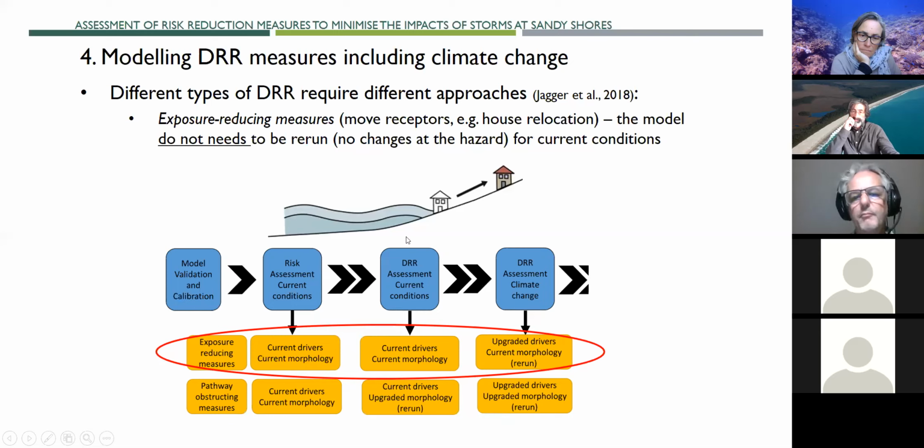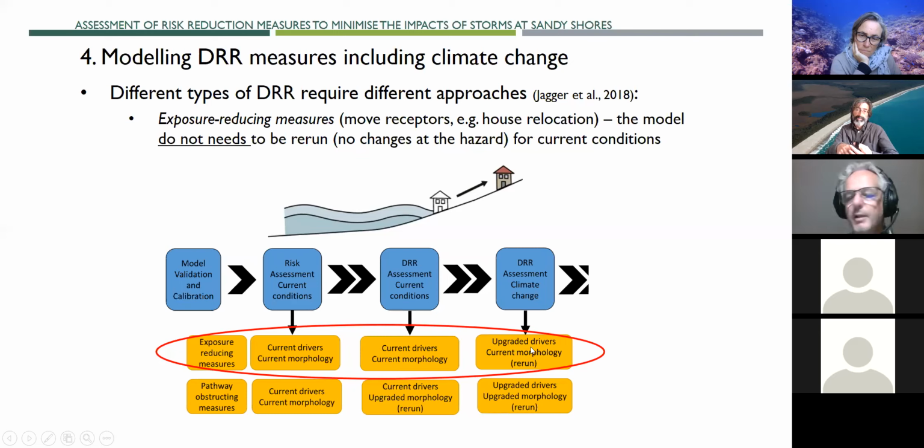Then we can assess the effect of the disaster risk reduction measure, still using the same drivers and the current morphology, because we just shift the location of the receptor. We can immediately know the reduction provided by the measure.